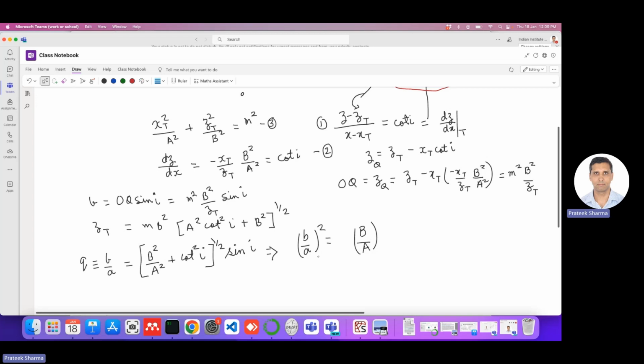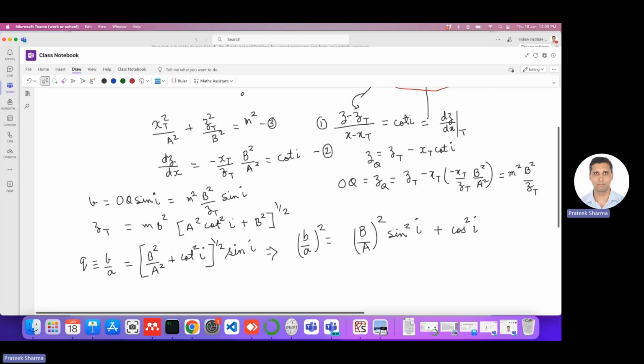Small b by a is the apparent axis ratio. So you just square it, and cot is cos by sine.